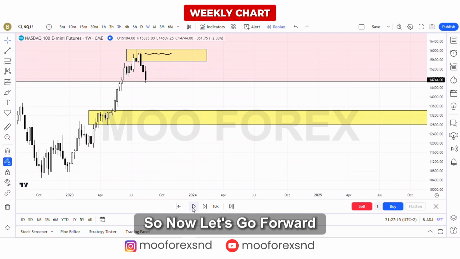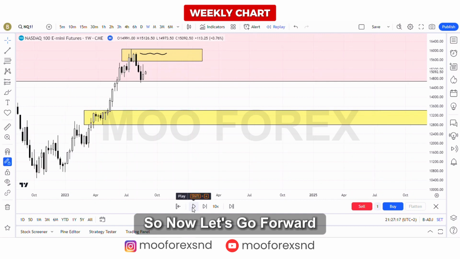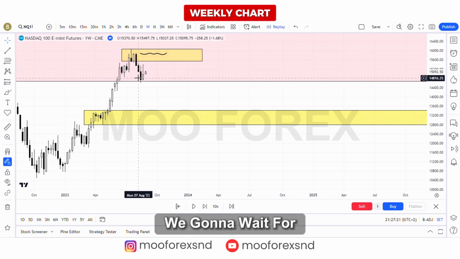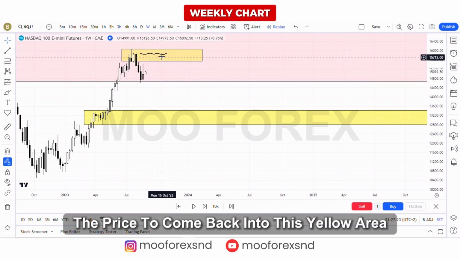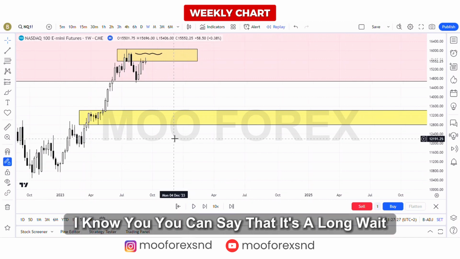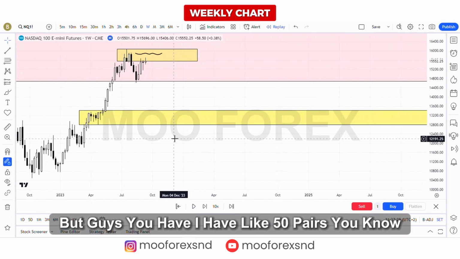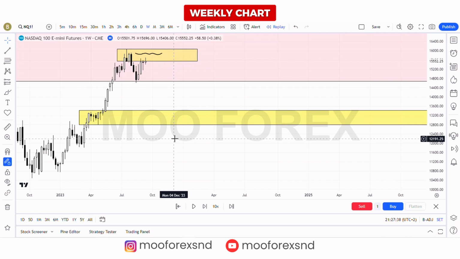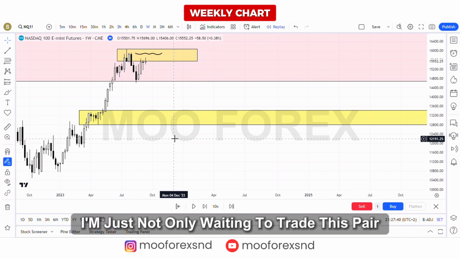So now let's go forward, and what we're going to do is wait for the price to come back into this yellow area. I know you can say that it's a long wait, but guys, I have like 50 pairs, so I'm not only waiting to trade this pair.